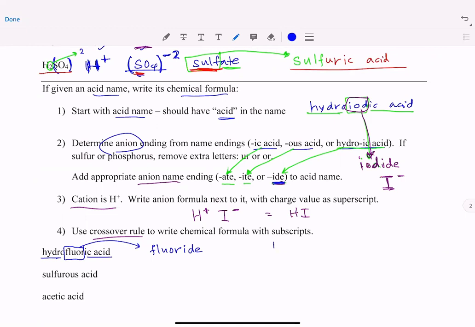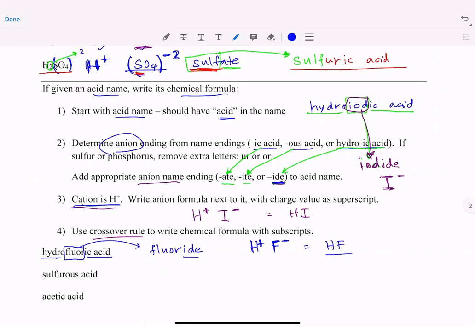Well, it comes from fluorine, which is the element symbol F. The IDE name ending means it's the single atom formed, the monoatomic anion. So this is the F minus ion. And then the positive is always going to be H plus. The cation is always the hydrogen ion. So H plus, F minus, the crossover rule will end up with HF, and that's your chemical formula for hydrofluoric acid.